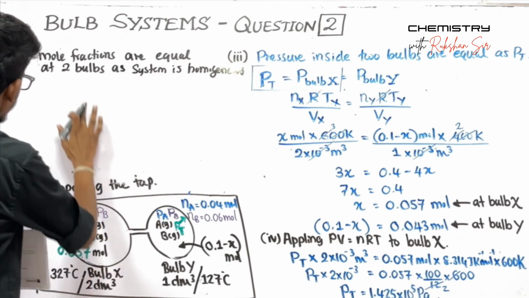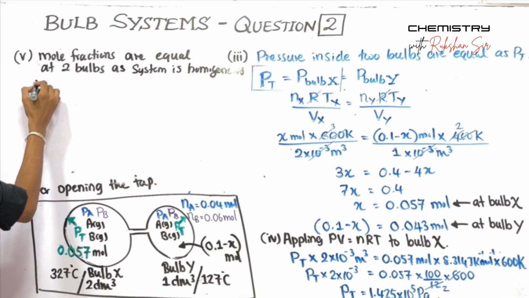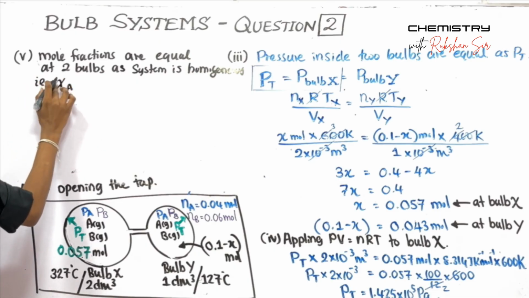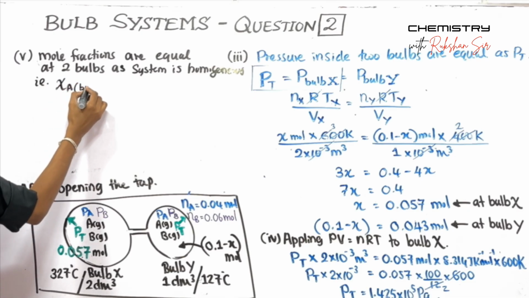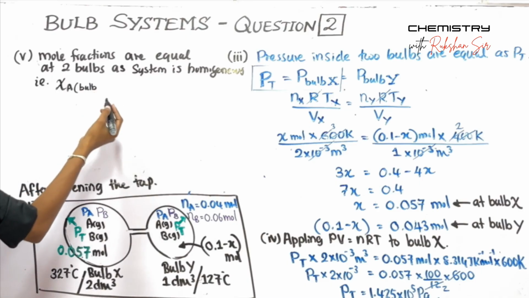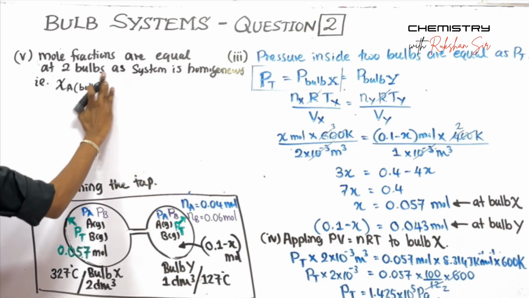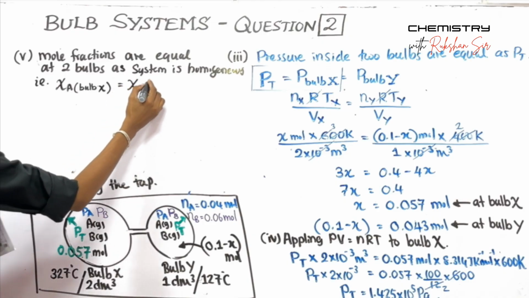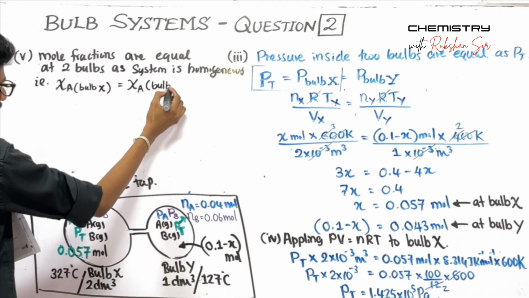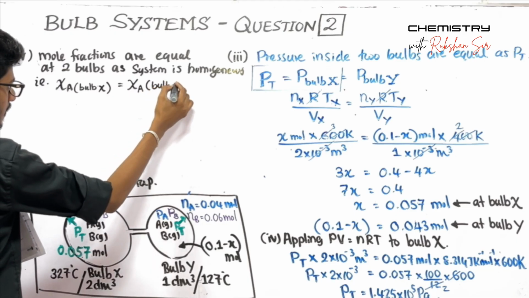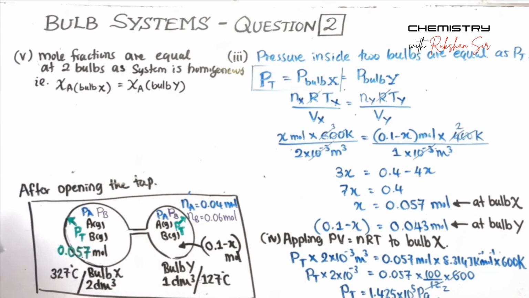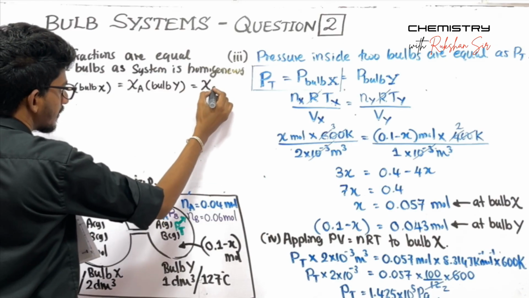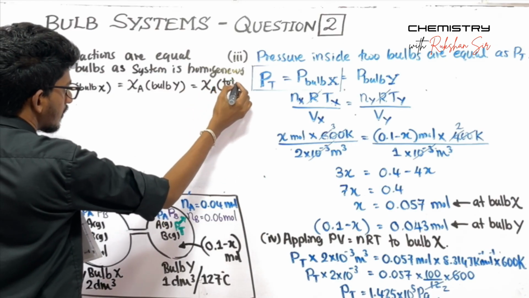So that means XA at bulb X is equal to XA at bulb Y, and actually it is equal to the mole fraction of the total system.